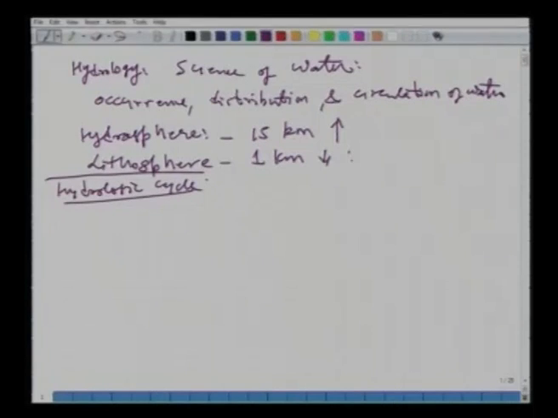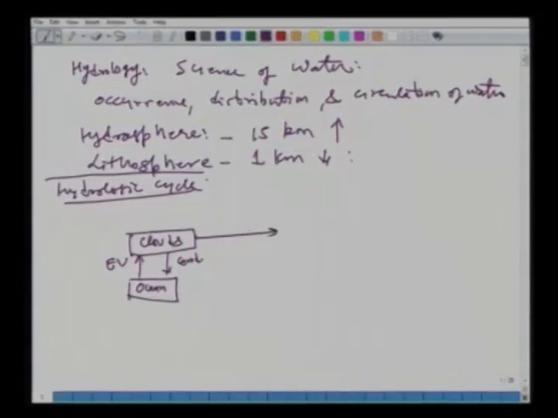So, we will look at this hydrologic cycle, let us say starting from the ocean. Okay. And then we may also have condensation. Due to the heat energy that is provided by the sun, the water starts evaporating from oceans in the form of clouds, and due to the wind action, it moves over the land masses.